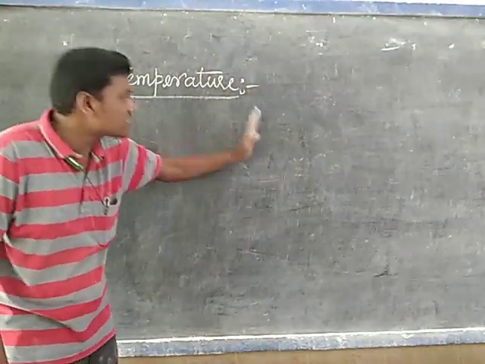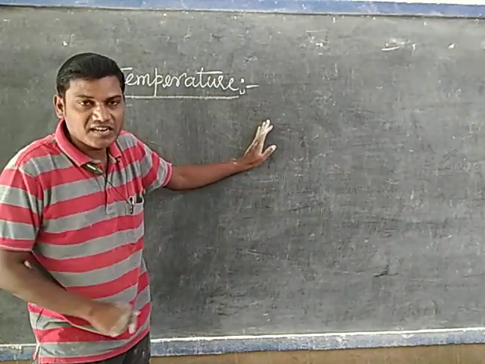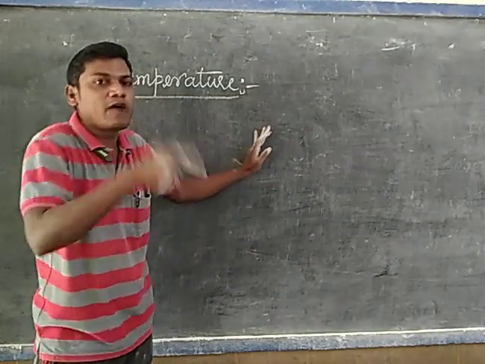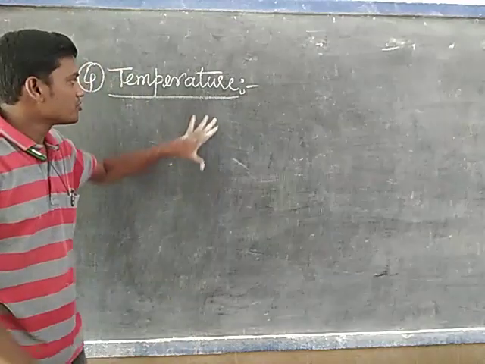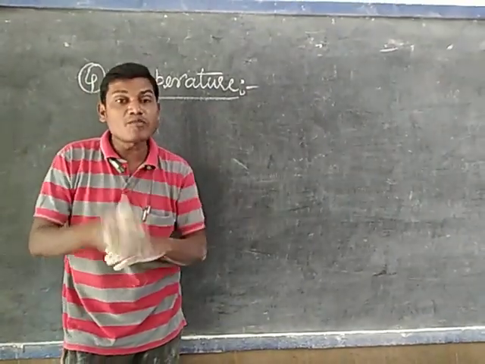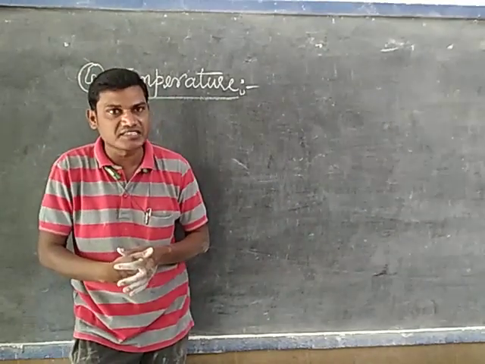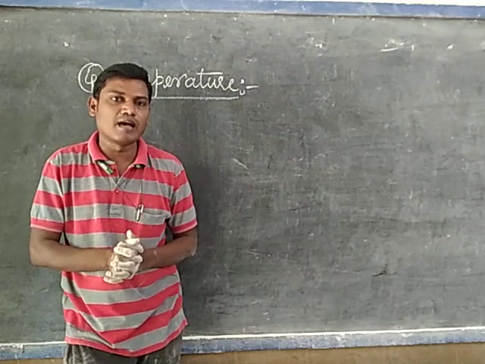If temperature decreases, kinetic energy decreases, then transfer of energy also decreases, then evaporation also decreases. So this is the main important thing here. What about pressure? If pressure increases, evaporation decreases. We discussed that in +1 and +2.